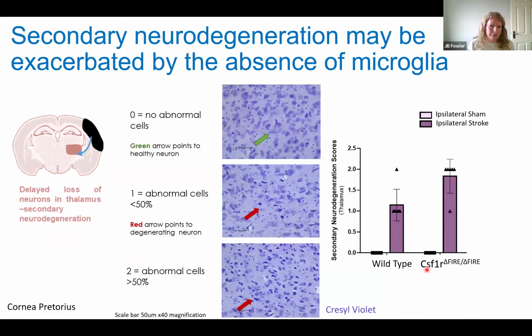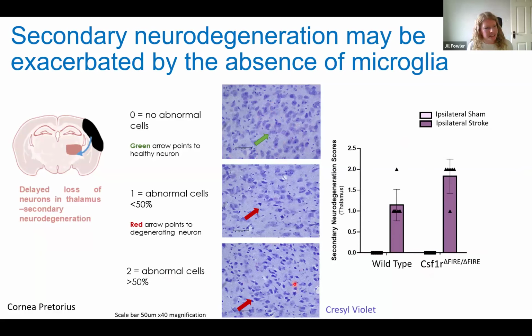So one interesting preliminary finding that we see in this model: as I mentioned earlier in the talk, we start to see secondary neurodegeneration about 3 days post-stroke. So Cornea stained her thalamic sections with cresyl violet, and she formed a scoring system depending on the extent of the neuronal degeneration. So 0 was no abnormal cells, whereas 2 had the most abnormal cells.